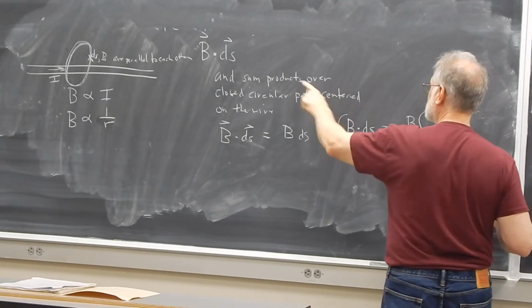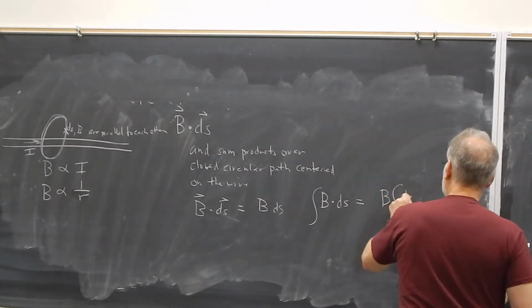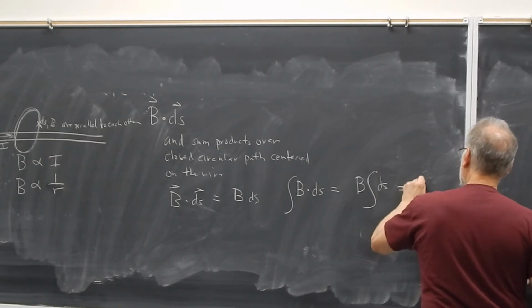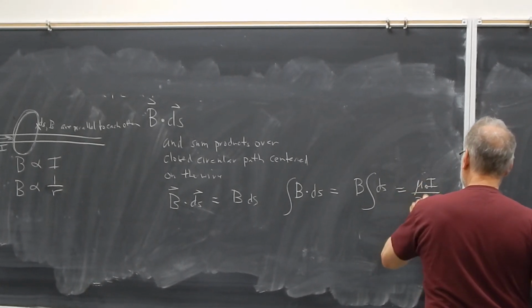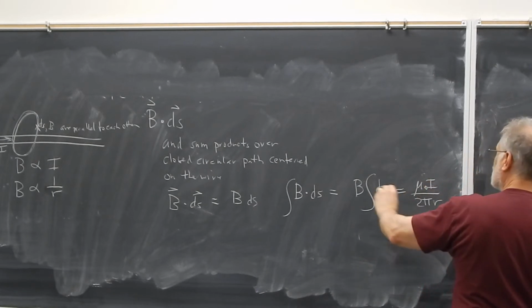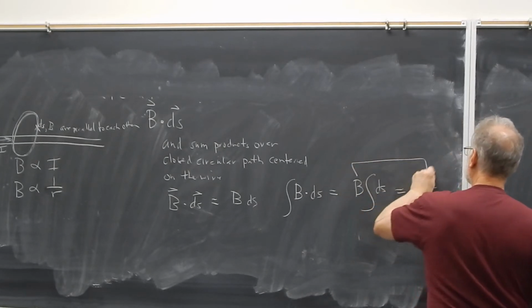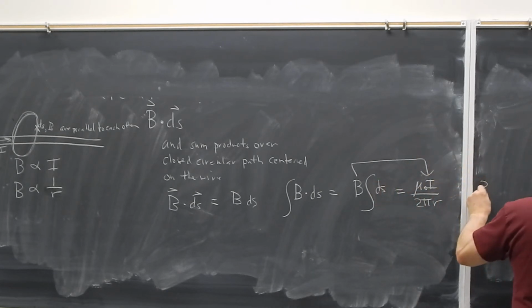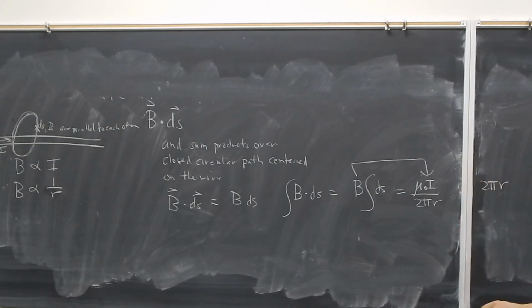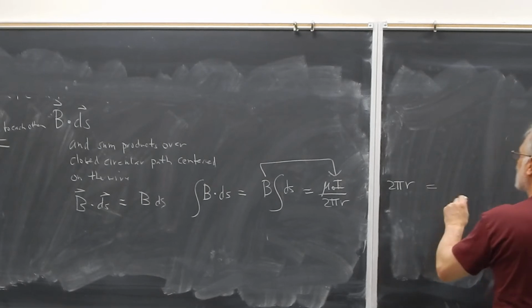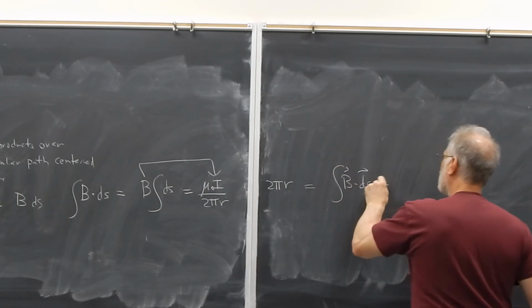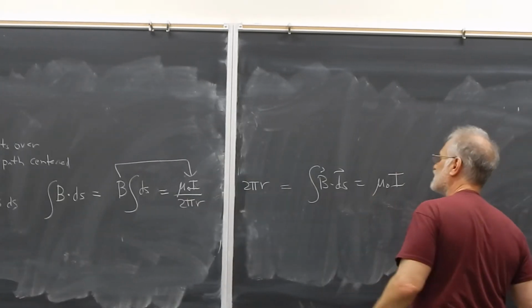The field is going to be constant everywhere on B. Integral of ds is equal to mu naught I over 2 pi r, which is the magnetic field for a wire, times the integral of ds, which is just the circumference of the loop around the wire. In other words, what Ampere's law is trying to tell us is that the integral of B dot ds around the wire is equal to mu naught times I.